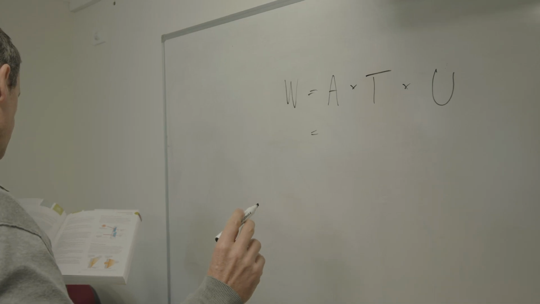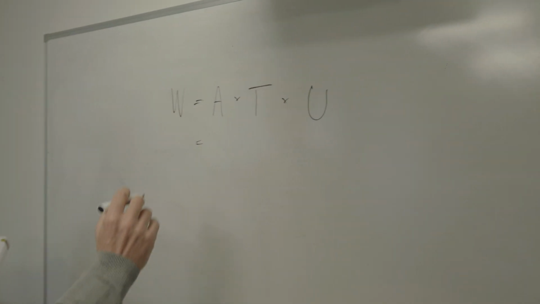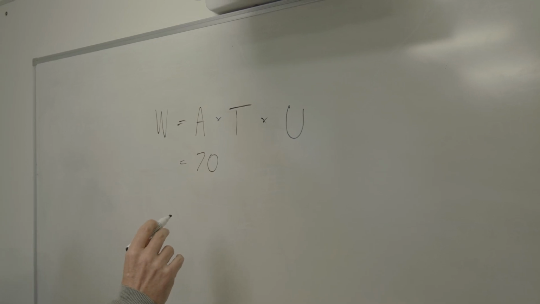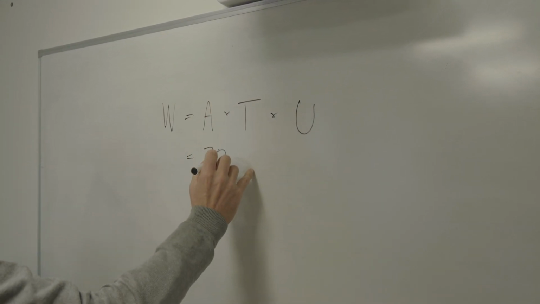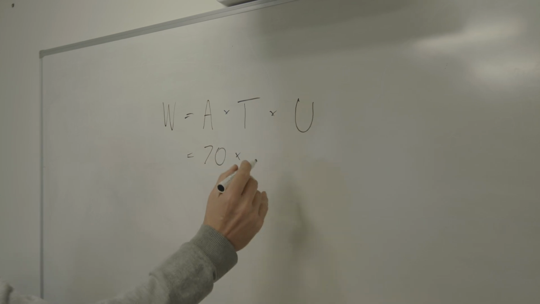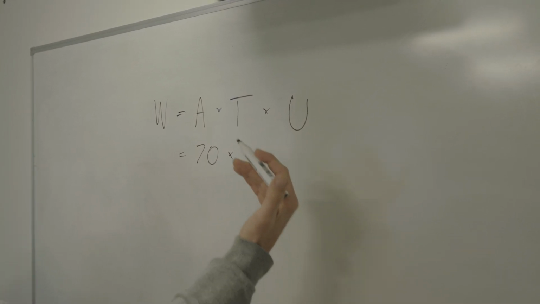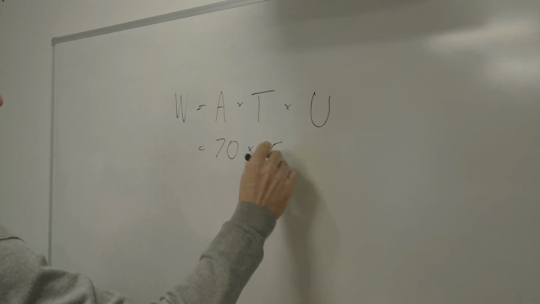Let's say that the area of the glass in your home was 70 square meters and that it was a 15-degree difference outside. So, you're at home at night, 20 degrees in the kitchen and 5 degrees outside, so it's a 15-degree difference.